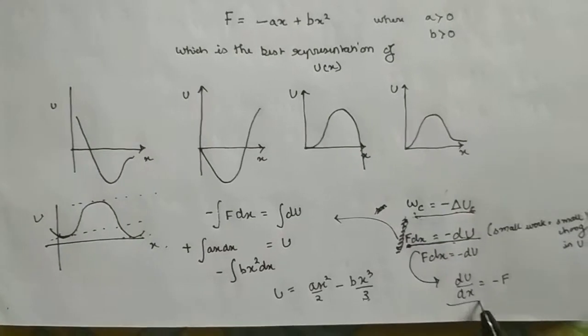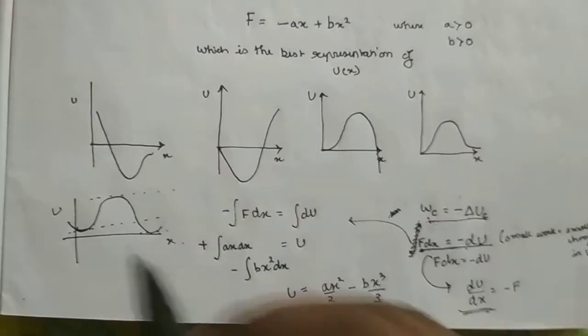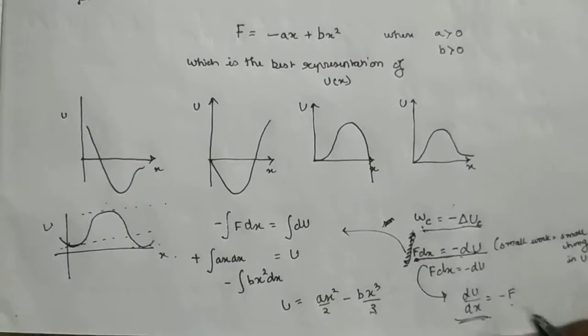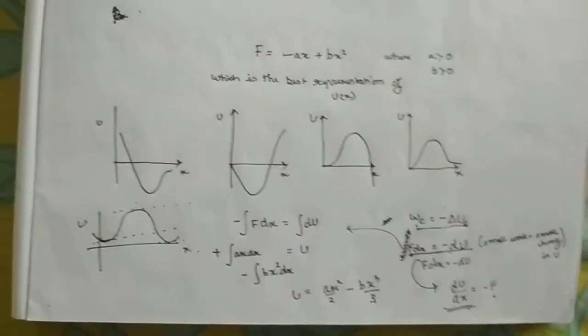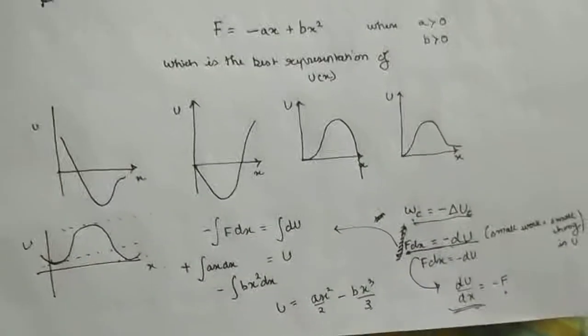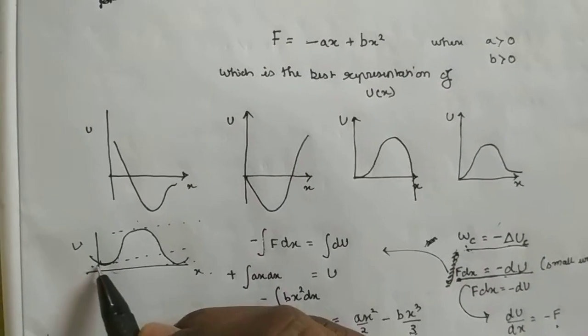So what does this represent? The tangent at any point equals the minus of the force. That means the negative of the slope at any point is the force acting on the body. But we don't want all those complicated things. We want only where the slope is 0.